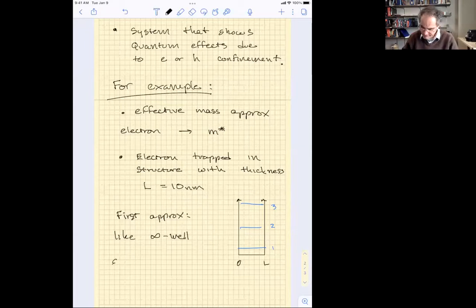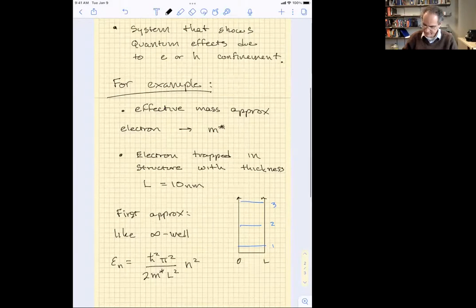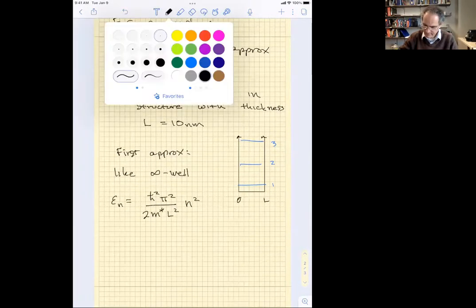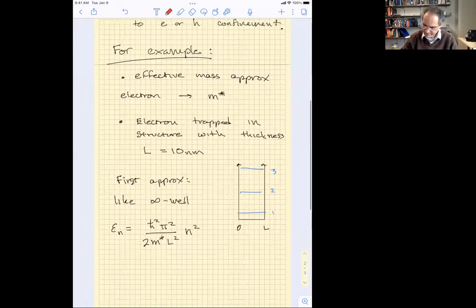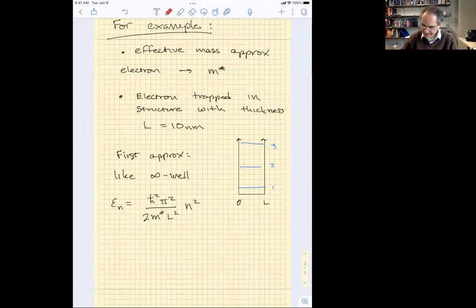Then we know that the quantum states, the energies, would be given by the following. It's just h bar squared pi squared over 2m star L squared times n squared, where n is a quantum number. And now, let's imagine an electron in silicon, and figure out what the energy would be for a 10 nanometer wide structure. In particular, let's figure out the energy required for a transition from the n equals 1 state to the n equals 2 state.